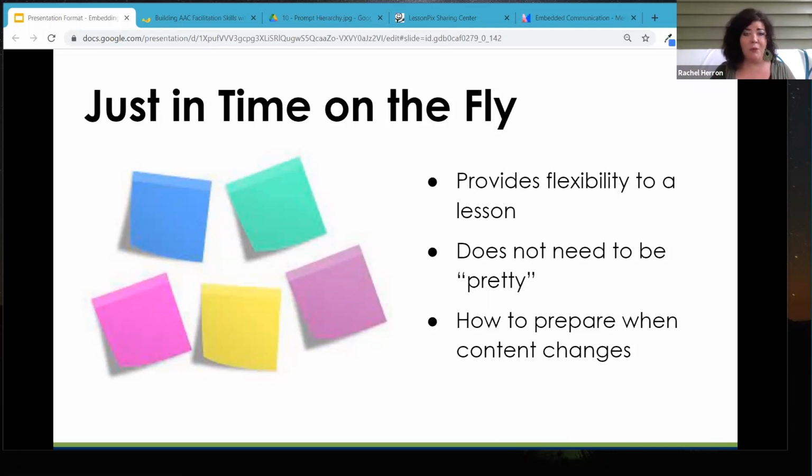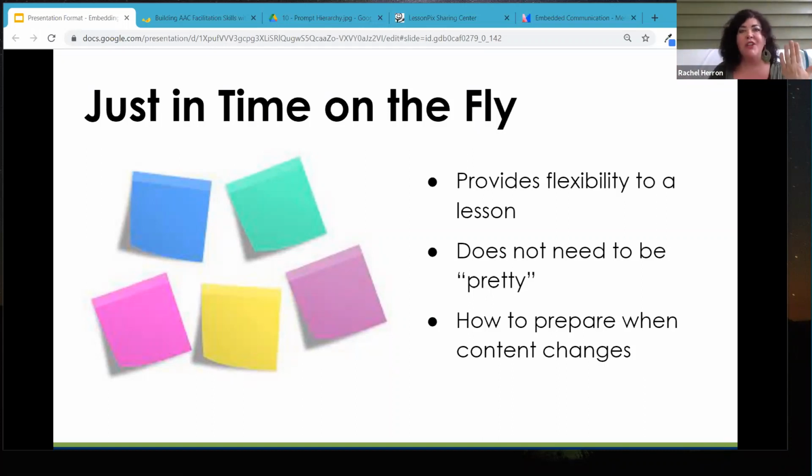It doesn't have to be pretty. It can provide flexibility to a lesson when you have surprise content that's there, and it can help you prepare when content changes. Because as we know in conversation, even today during our presentation, we occasionally have something happen where you have a veer off in conversation.